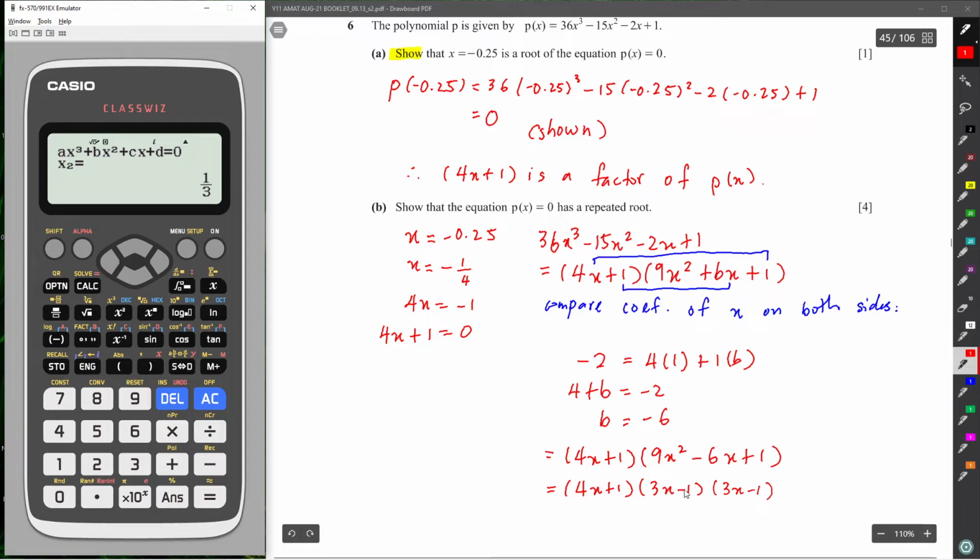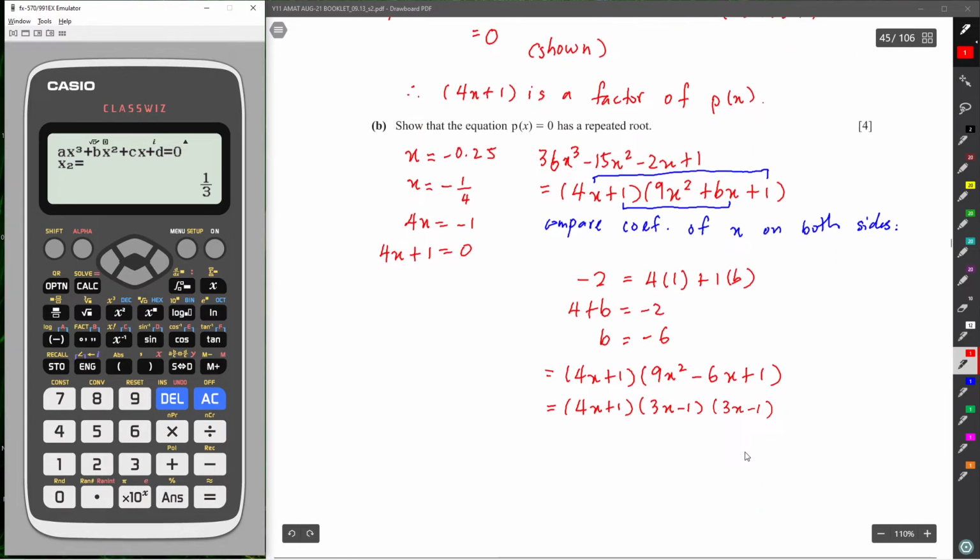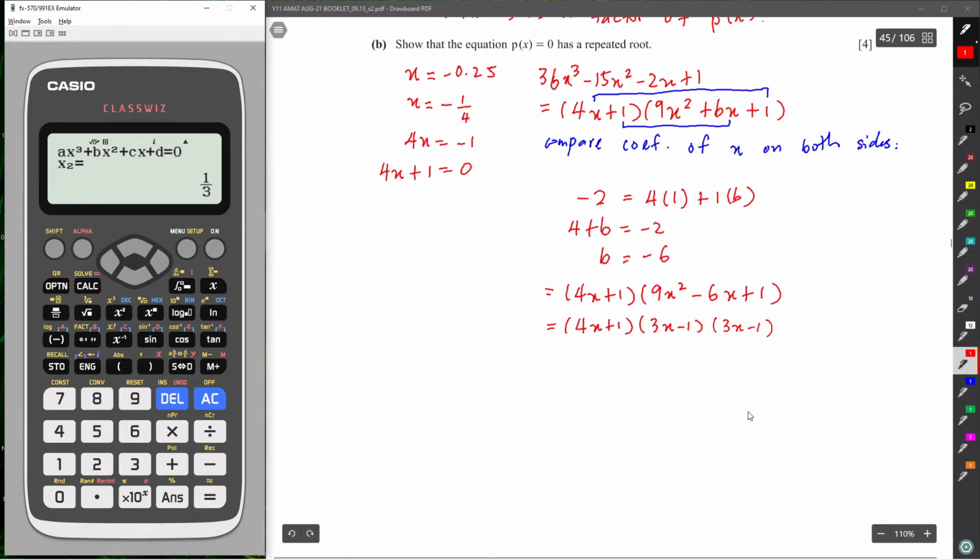So when we rewrite this, we get 3x minus 1. Okay, and also we know that this 3x minus 1 is a repeated one. If you were to expand (3x minus 1) squared, you'll be getting 9x squared minus 6x plus 1. Alright, so done. So now let's continue on this part.